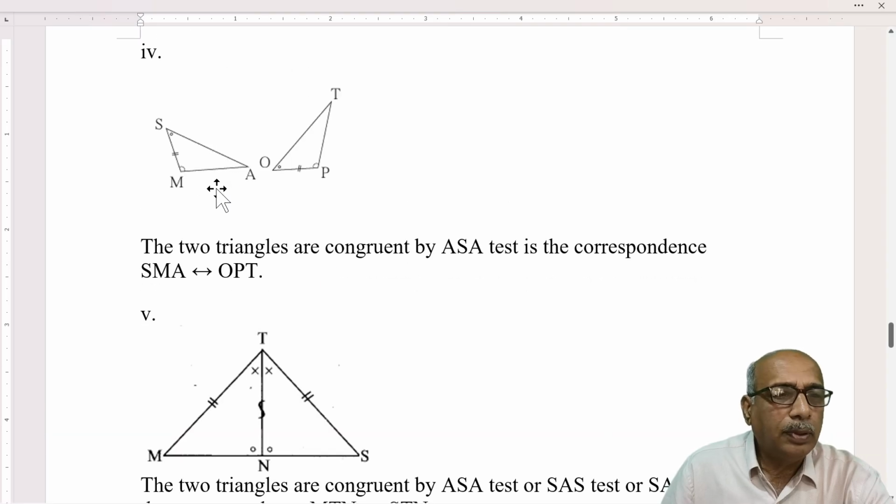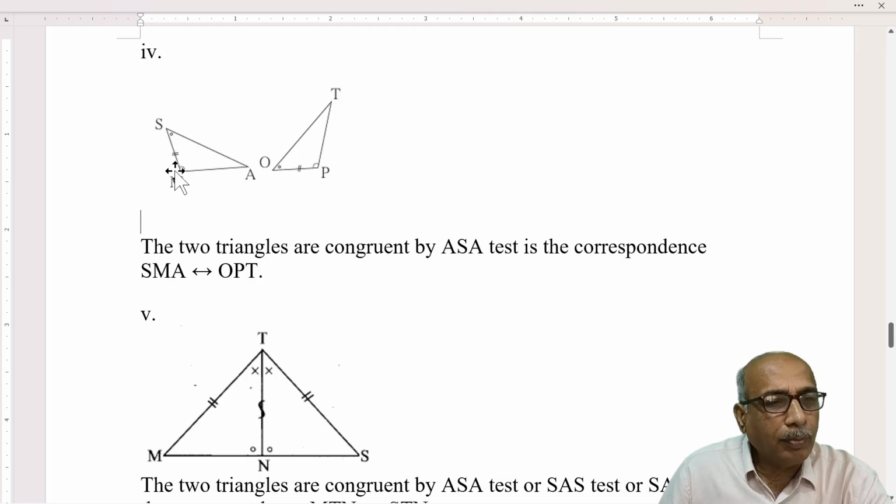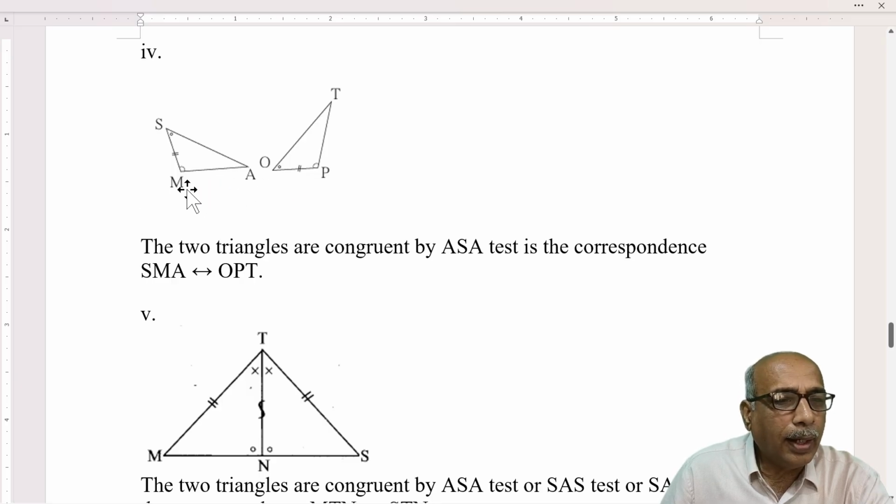Next problem. In triangle SMA and triangle OPT, SM congruent to OP, angle M congruent to angle P, and therefore we can say that SM, what is remaining?